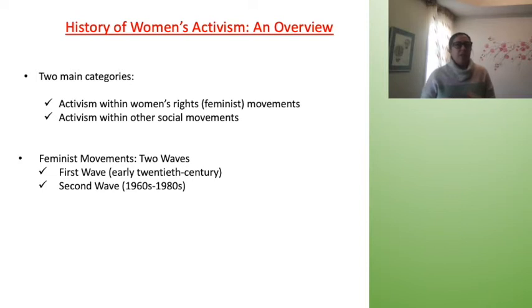In other fields, you may have heard the term third wave feminism, which is understood to have started in the 90s. Historians have not really explored that or considered that in the same way. So we tend to think of women's rights and feminism in history still as sort of these two generations or two waves.